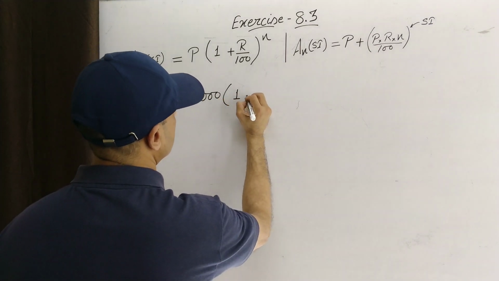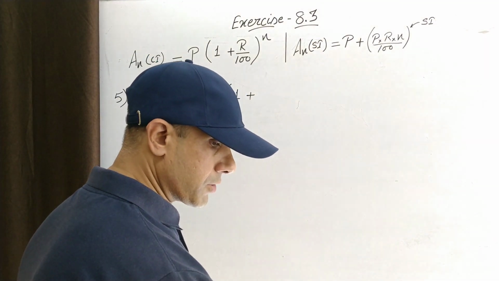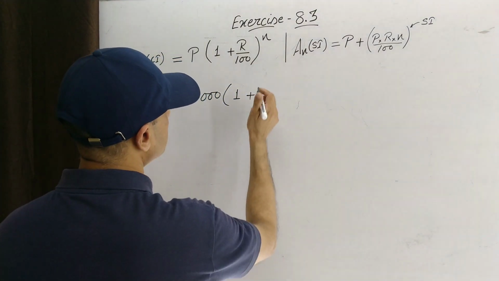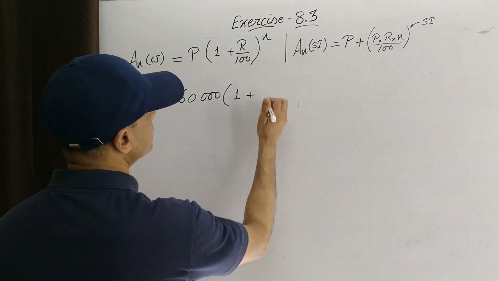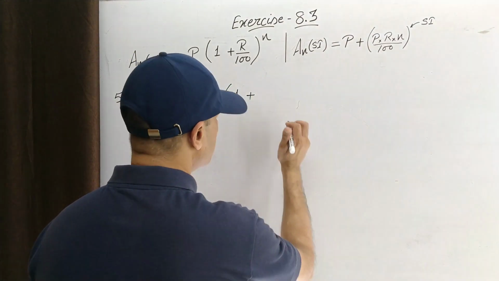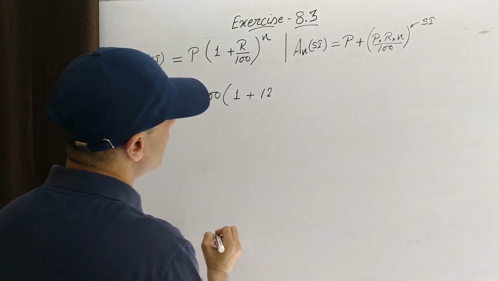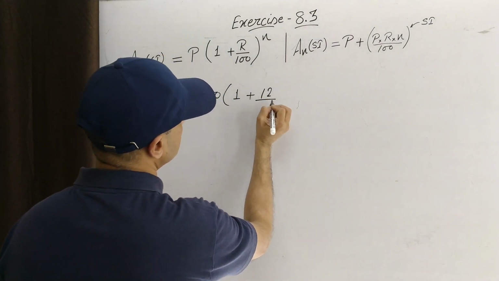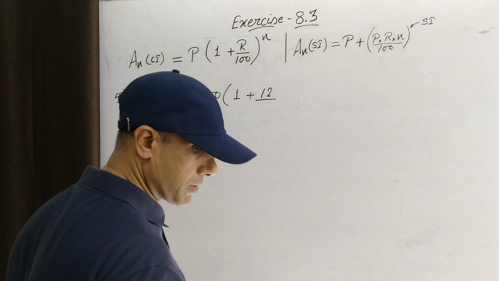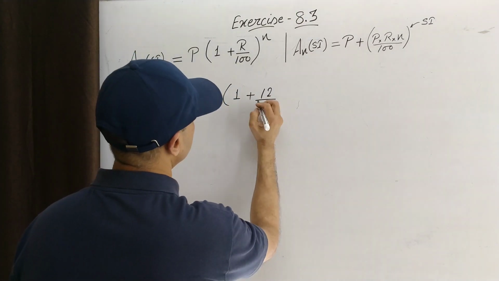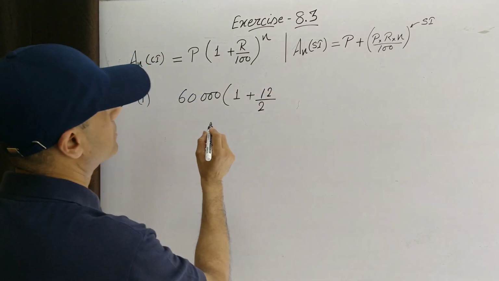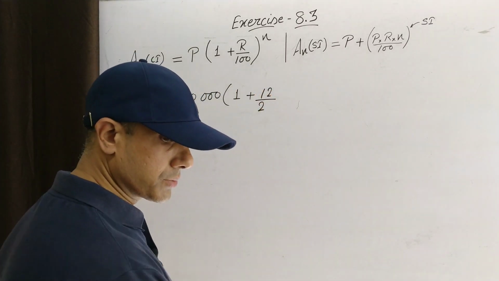This is at the rate of 12% per annum, and this is compounded half yearly. Because we are calculating for 6 months and it is compounded half yearly, every half year it will be half the interest. So it will be 12 by 2.